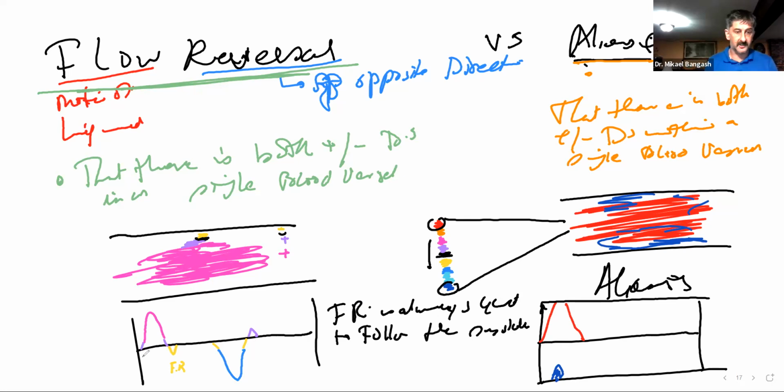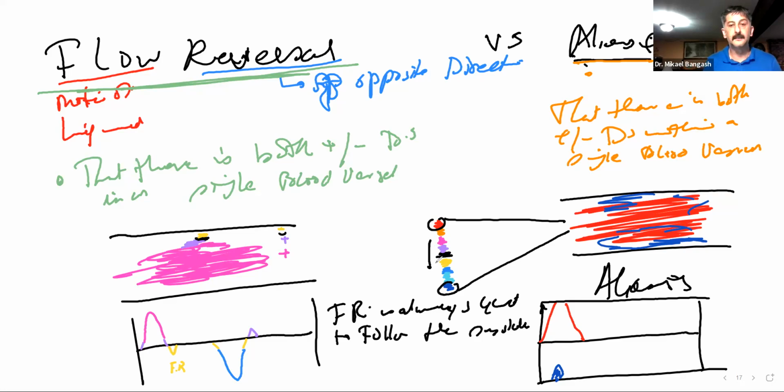At first you have a systole, and then you have flow reversal. First you have a systole, then you have a flow reversal. Did that make sense?